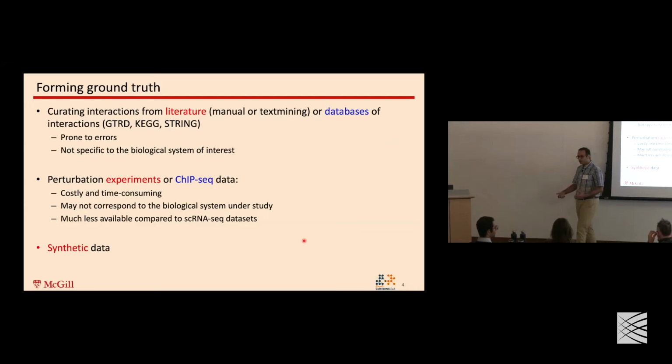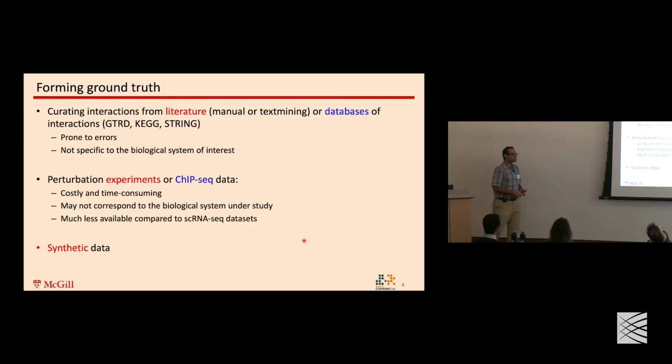And as a result of that, to get a comprehensive ground truth network, you typically still have to rely on biological systems that may not match the exact problem that you're trying to solve, an exact system from which you have, for example, single-cell RNA-seq data. And generally speaking, this type of ground truth data is less available. And for a new context, it may be challenging to have.